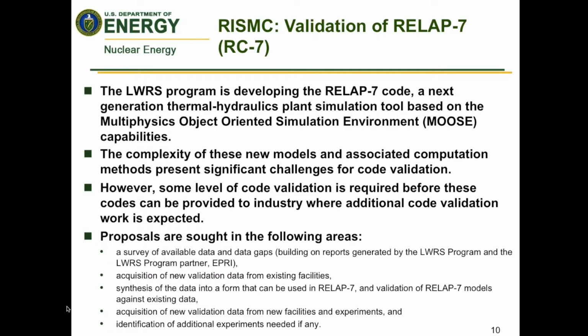And in this work scope, we're looking at more traditional methods of code validation. When I talk about traditional methods, I mean taking experimental data, running the code using that same input as the experiment would have used, and then validating that you get reasonable results from your code that match the experimental data.